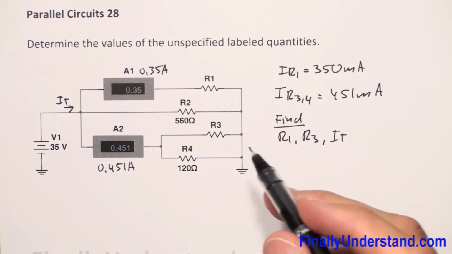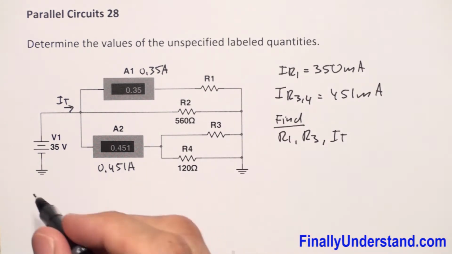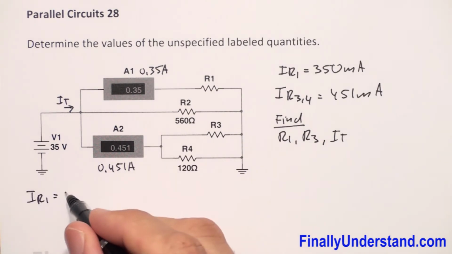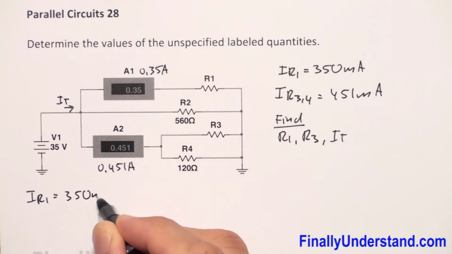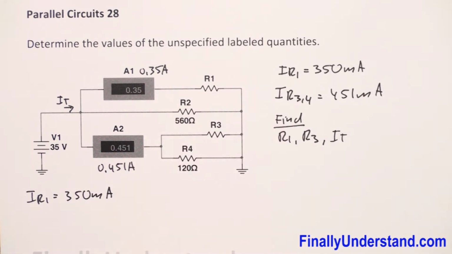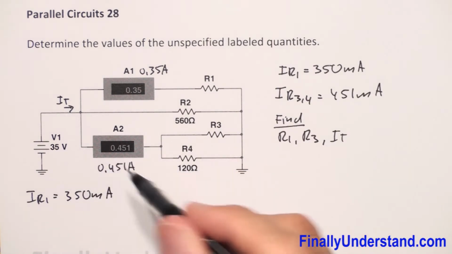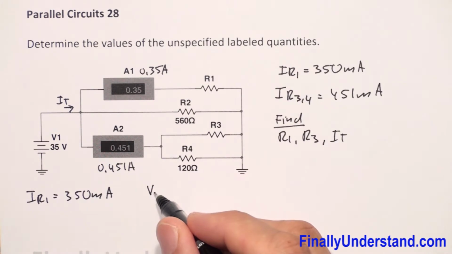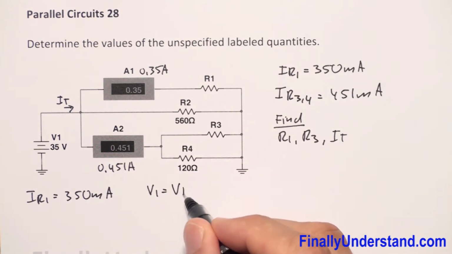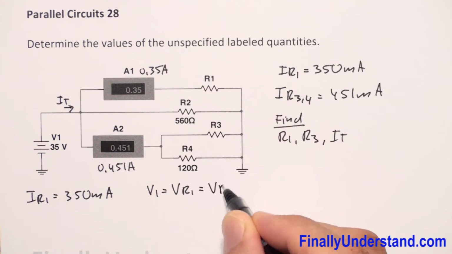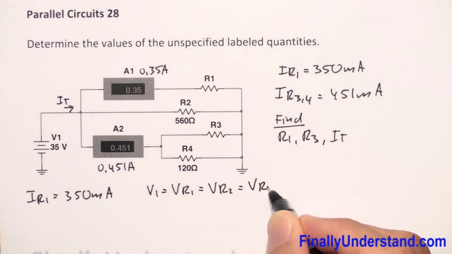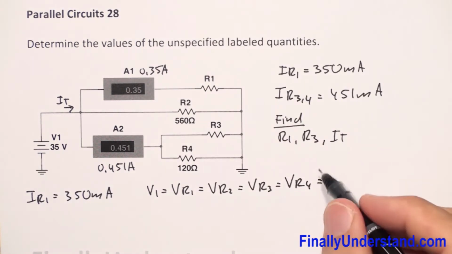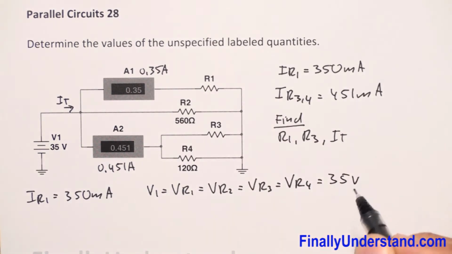So how are we supposed to start solving this problem? Please notice that we are given IR1, which is equal to 350 milliamps. And voltages in a parallel circuit are the same. So we have V1 is equal to VR1, which is also equal to VR2, VR3, and VR4, and this is equal to 35 volts.